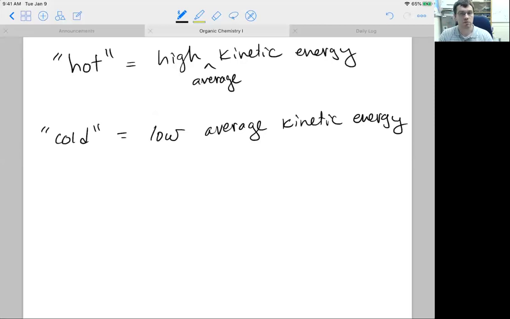Once we achieve what we call temperature equilibrium, we can assume that the kinetic energy of the thermometer matches the kinetic energy of the system we've exposed it to, and that allows us to make a meaningful reading about our system from a piece of glass with some liquid in it.